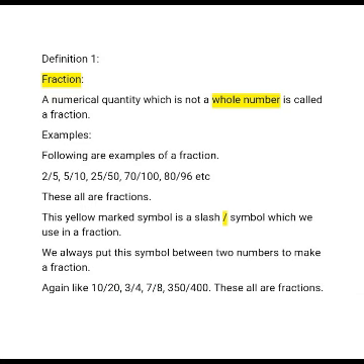Like we have 10 and 20 here, and we have put a slash between 10 and 20. Now this becomes a fraction: 10 by 20, 3 by 4, 7 by 8, 350 by 400. These all are fractions. I hope you understand the concept of a fraction.